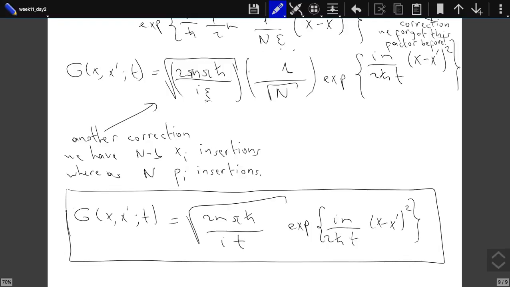And if you remember our previous expression for the free particle, if we didn't miss any other factors of 2 or pi, etc., this was the result we had. And at least I remember that we had this 1 over square root of t, and we had the exponent with x minus xi squared over t. If you remember, we had said that it's basically a Gaussian. In imaginary time, it's a Gaussian.